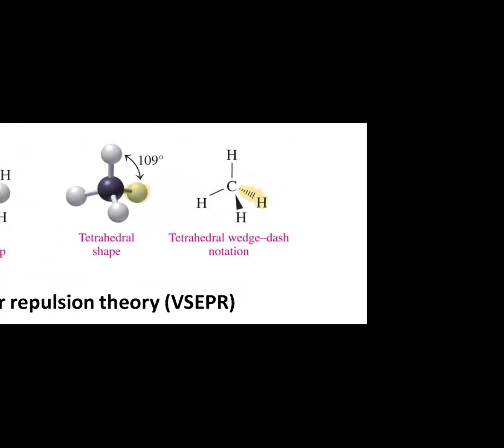We illustrate it with a dash. This bond, which is facing towards us, is illustrated with a wedge.